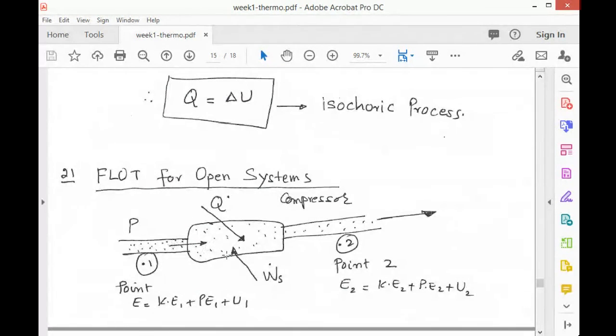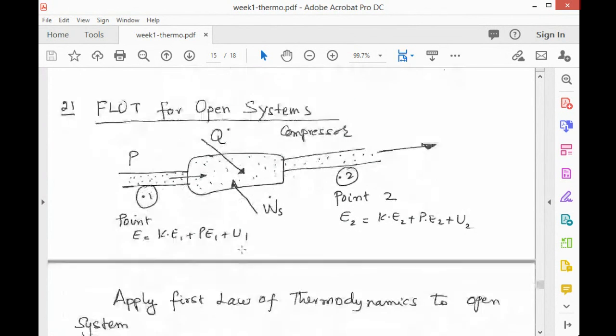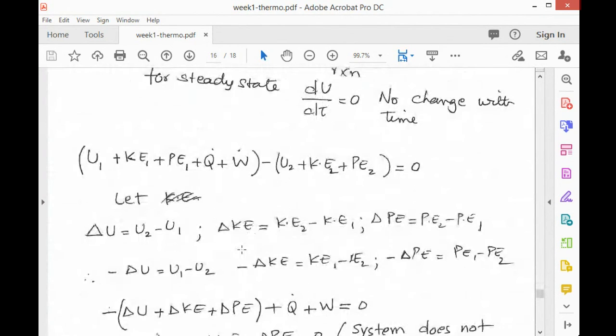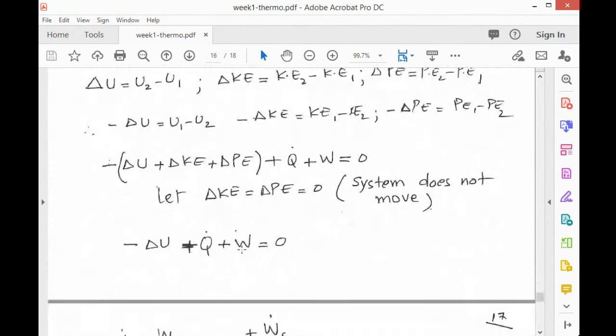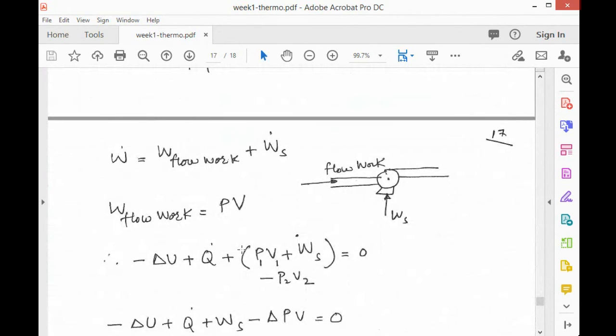So we divide it into the flow work and the pump. If you have any pump here working to push the liquid out or to push the gas out, or a compressor here, in the flow system. Remember, a compressor is an open system. So we put here flow work plus the work done by the pump.